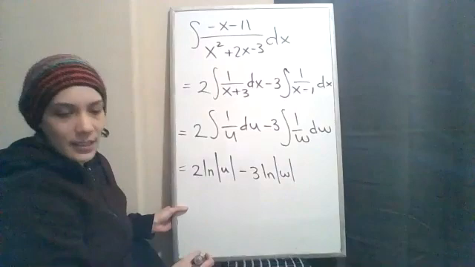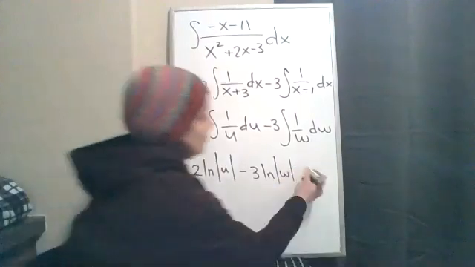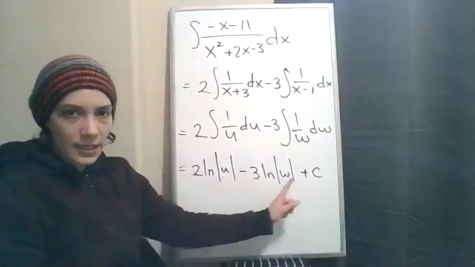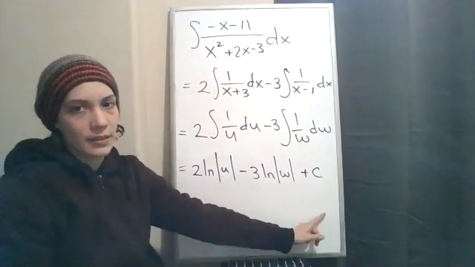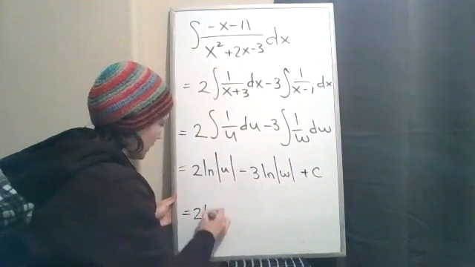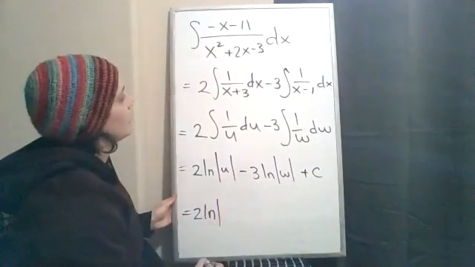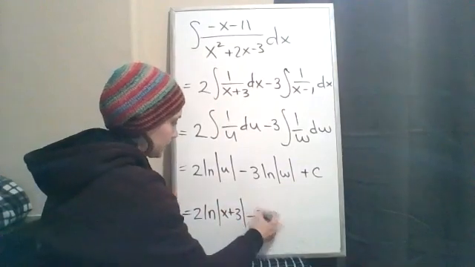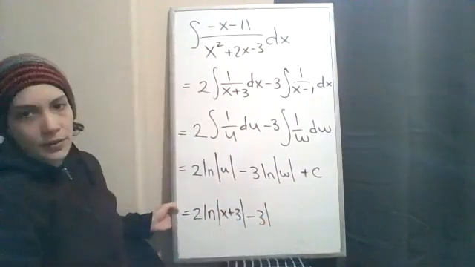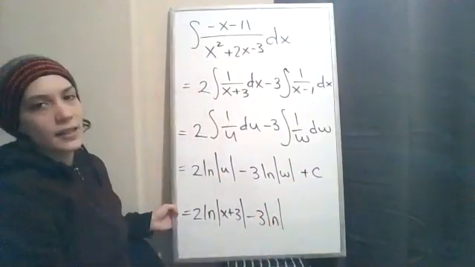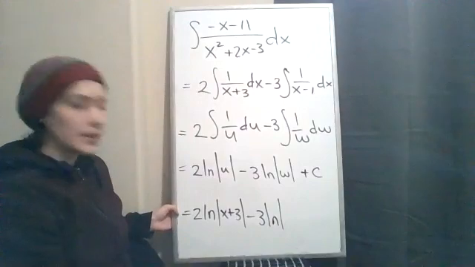Yep, let's put plus c in at the end. We just need to actually write these in here. So 2 ln of the absolute value of x plus 3, subtract 3 ln of the absolute value of x minus 1, plus c.